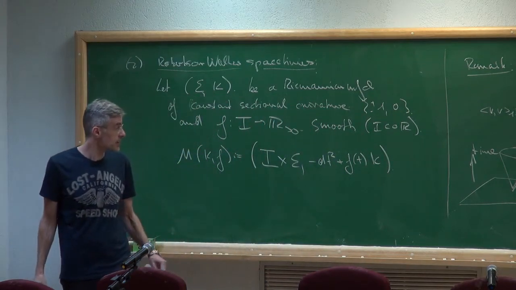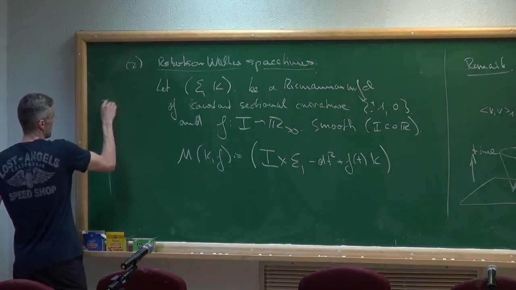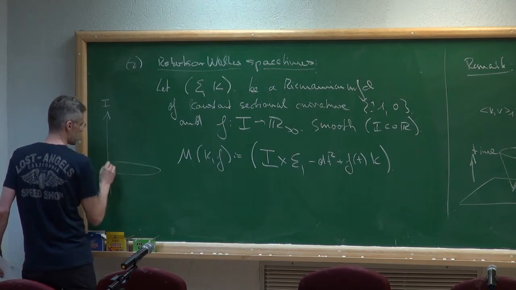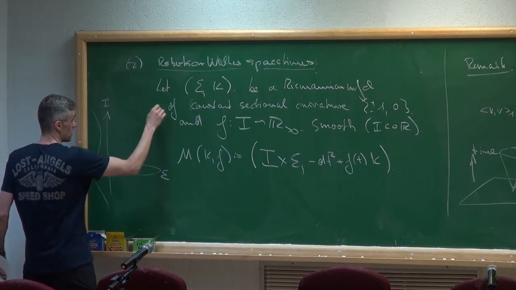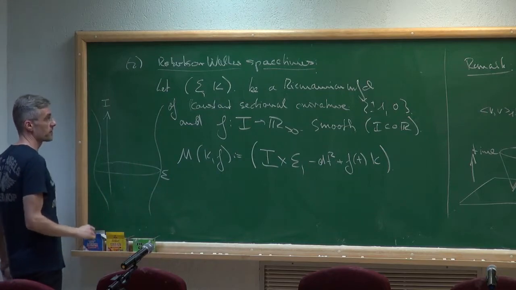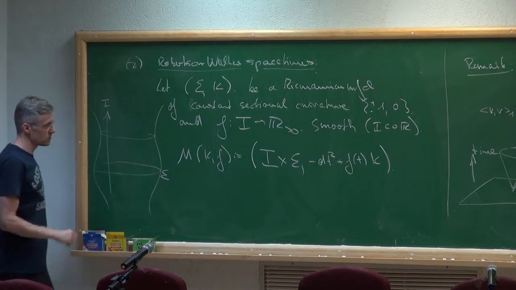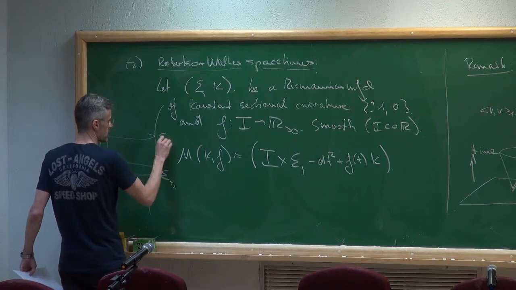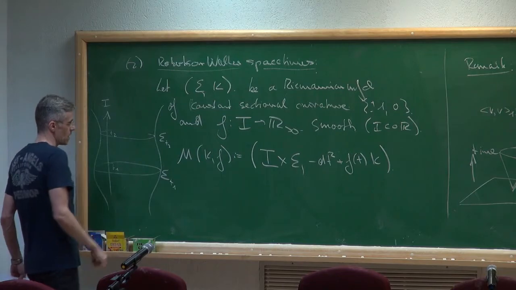So basically I take the real line, and across I scale a certain Riemannian metric with time. Individually, there's a Sigma at t1 and a Sigma at t2.